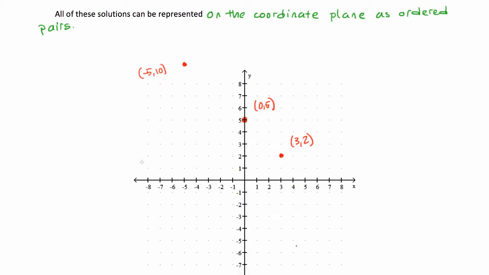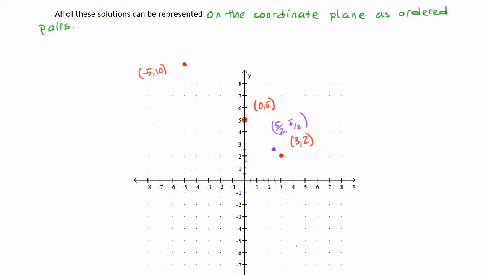And now you can see something a little exciting is happening. 5 halves, 5 halves. 5 halves is the same as 2.5. So I would have this point, 5 halves, 5 halves.